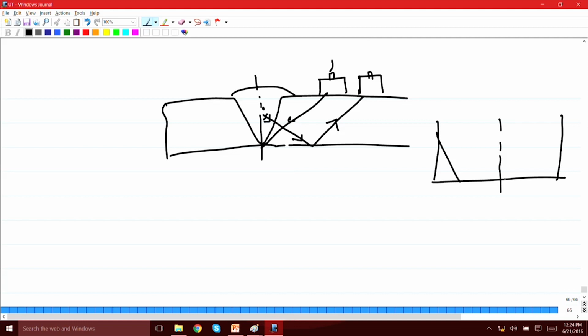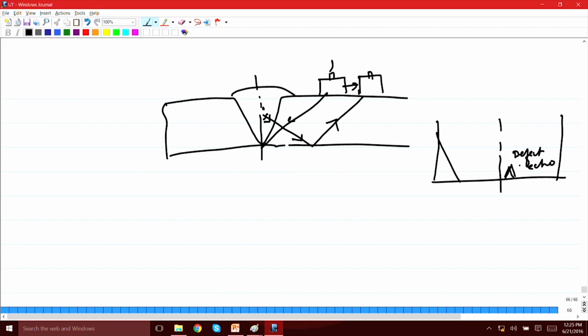So the defect echo now should appear after the half skip, because in this case, as you would have seen here, this distance is more than half skip. So in order to get a signal from the defects which are inside the weld or in between the top and the bottom of the weld, you have to keep the probe more than half skip, and that is how the defect will appear after the half skip in this fashion.